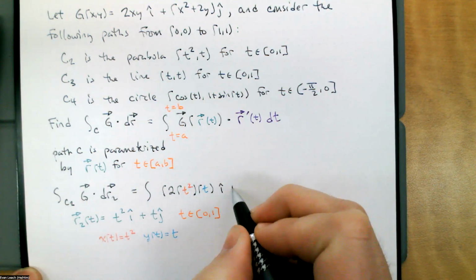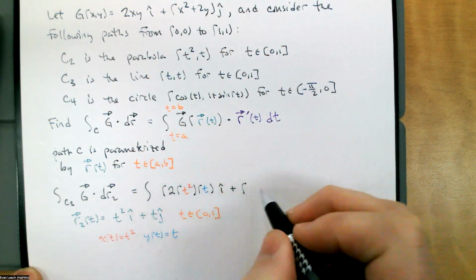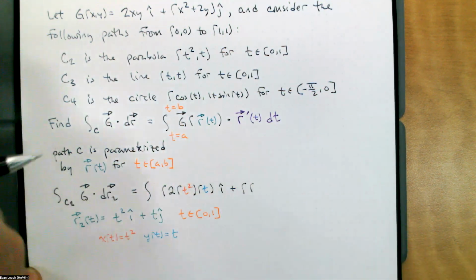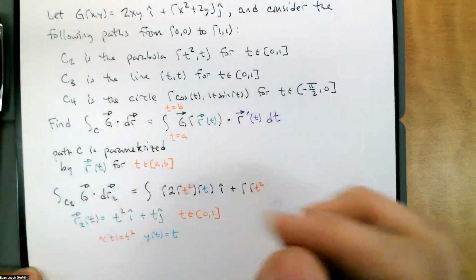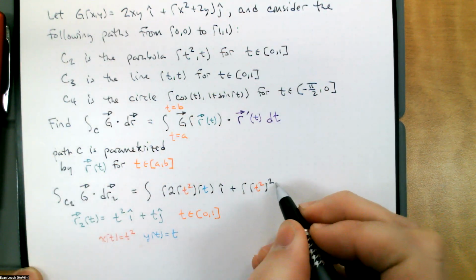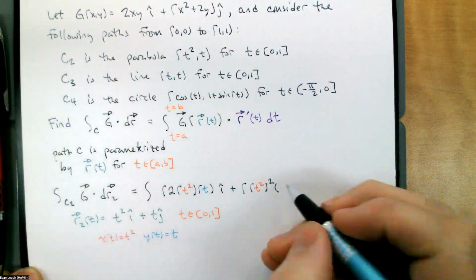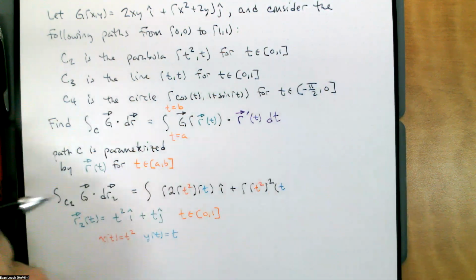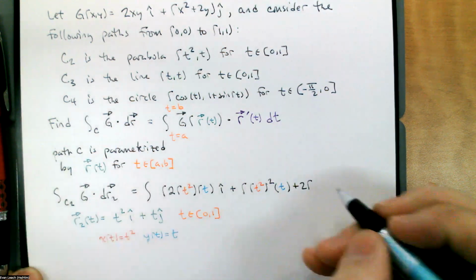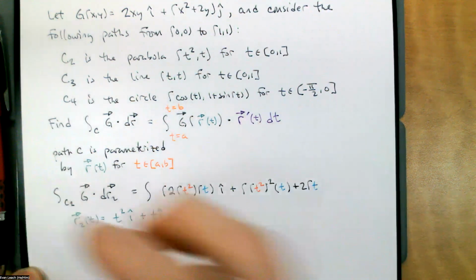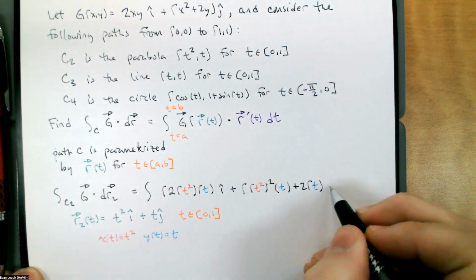That's the i component, and the j component is x squared times y plus 2 times y, j.